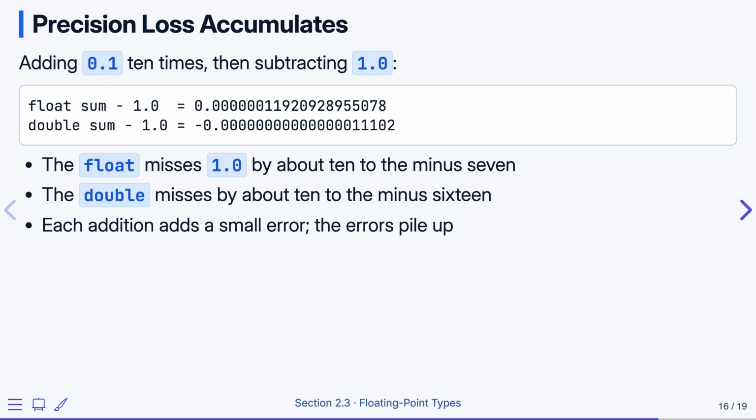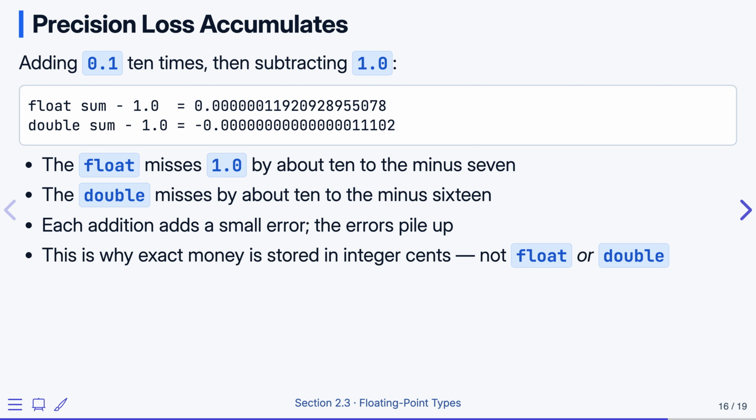Each addition of 0.1 adds a small rounding error, and after 10 additions, those errors pile up. Money is different, though, because neither float nor double stores a value like 0.10 exactly. Exact money is not kept in floating point at all. It is stored in integer cents, or in a decimal type.